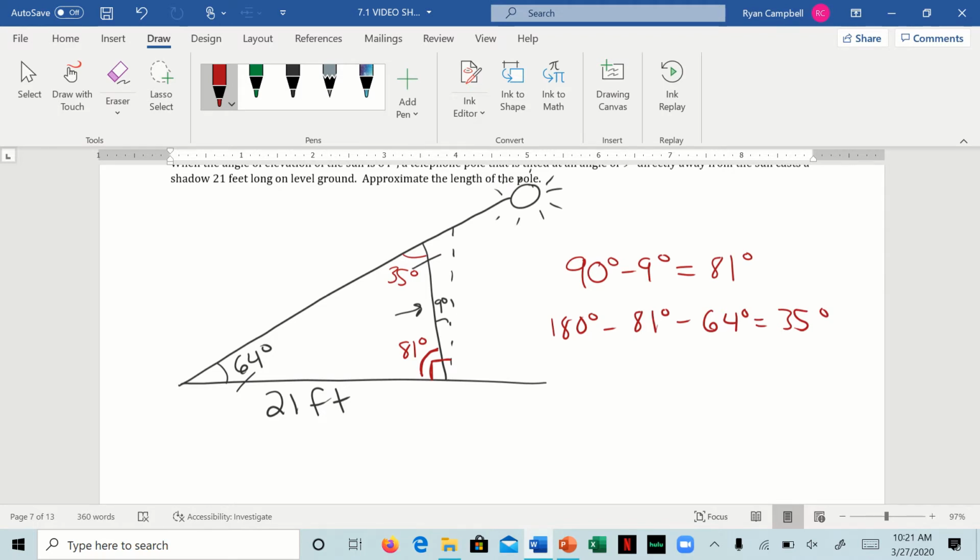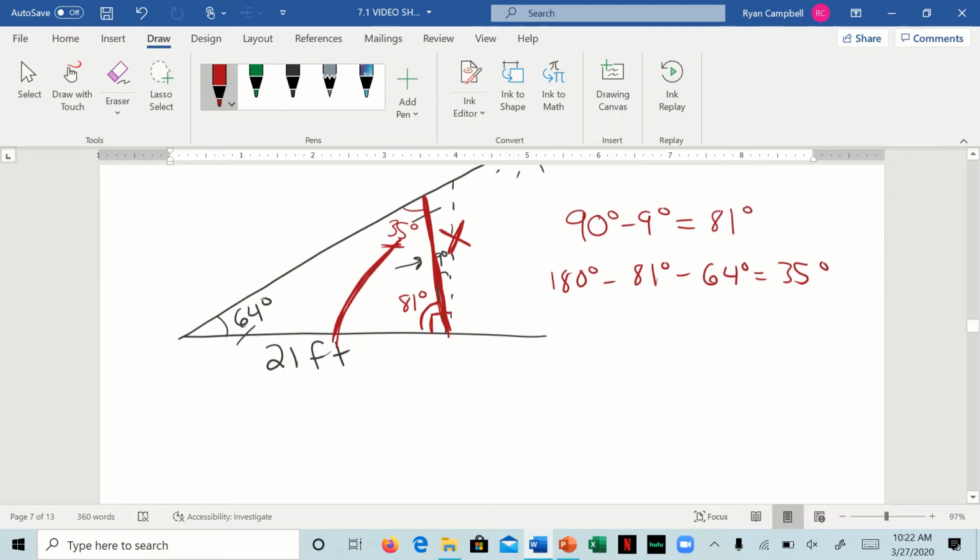All right. So we need to know what this length is, right? So we could call it X. Try to figure out what that length is. And now, the reason why we need to know what this angle was is because this is the angle across from our 21, right? So that's how we use the law of sines, to know across from each other, the angle and the side across.